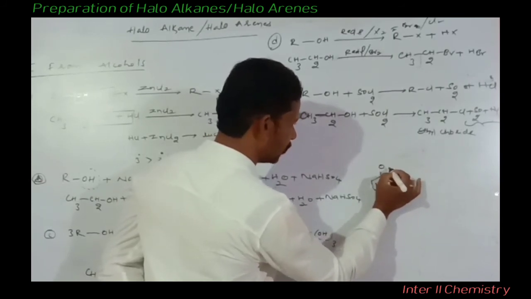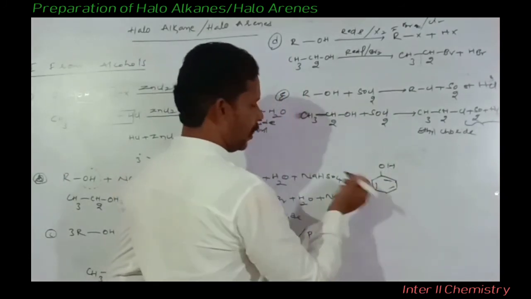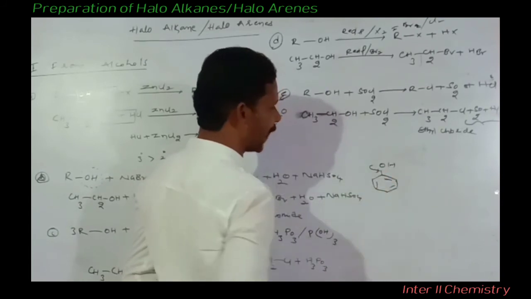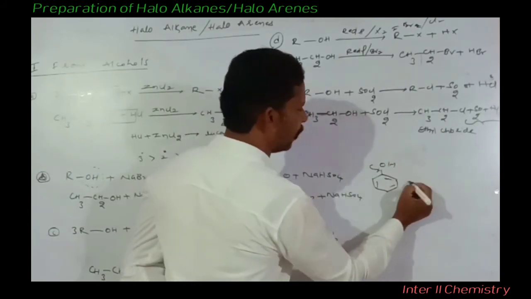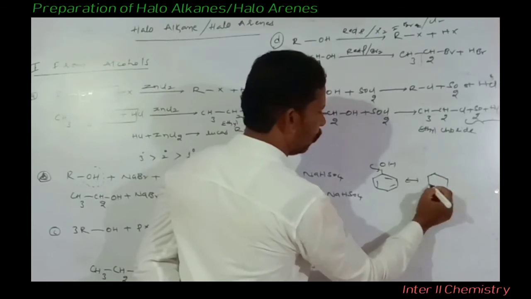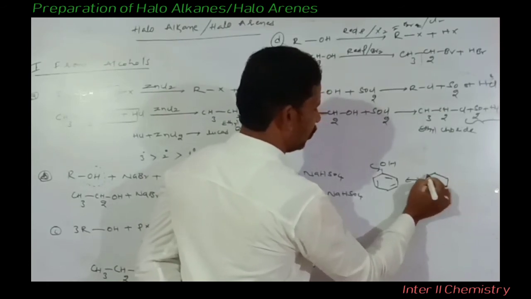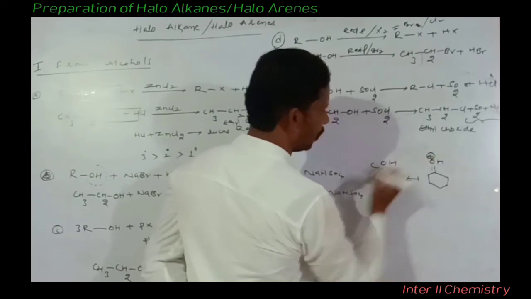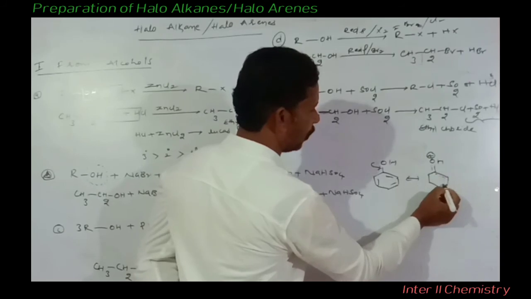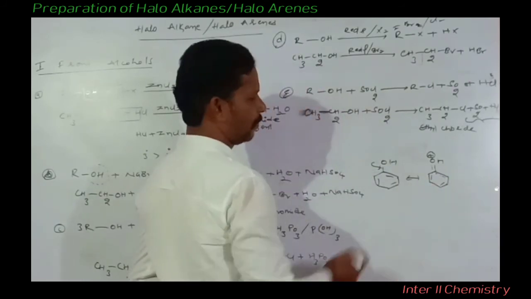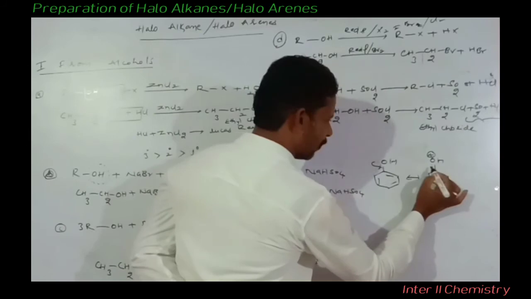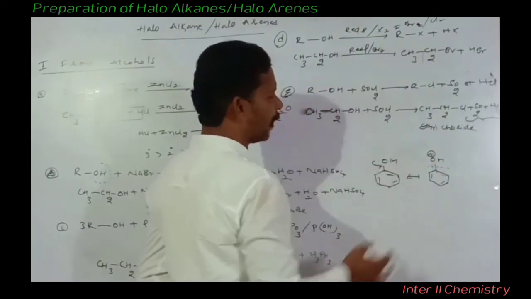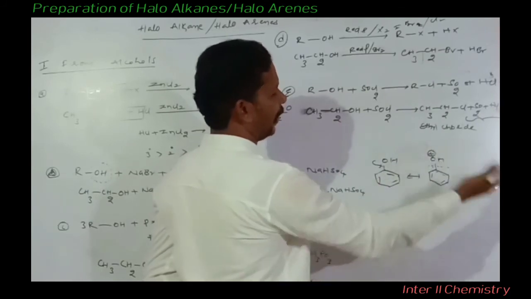We already know that the OH is a ring activating group, so due to this there is double bond character between the oxygen and the carbon of the aromatic ring. So this bond is not easy to break to form the aryl halides.